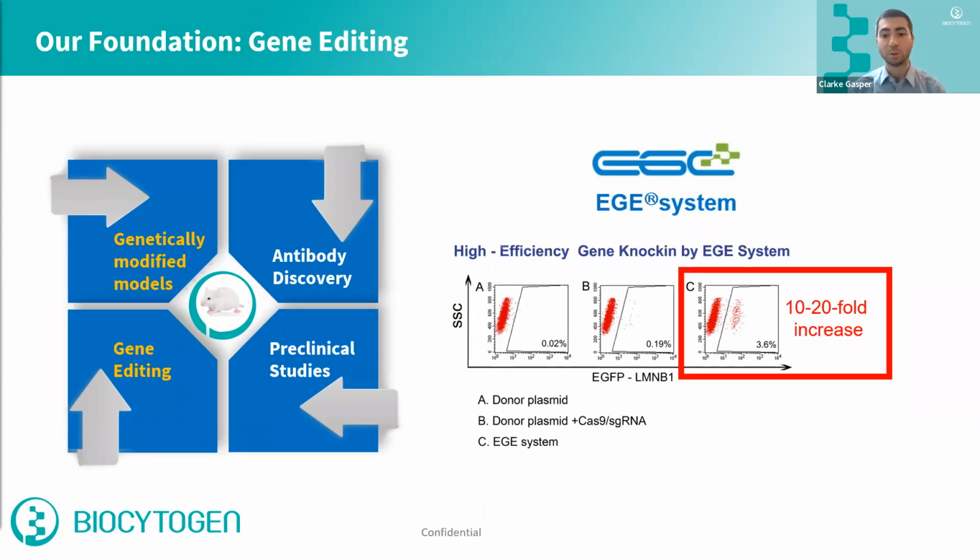Biocytogen was founded in 2008 in Worcester, Massachusetts. We initially focused on genetic engineering, where we developed proprietary methods that improve gene editing efficiency, even for very large insertions. With this platform, we've been able to supply over 3,000 custom animal models for both academic and industrial clients.